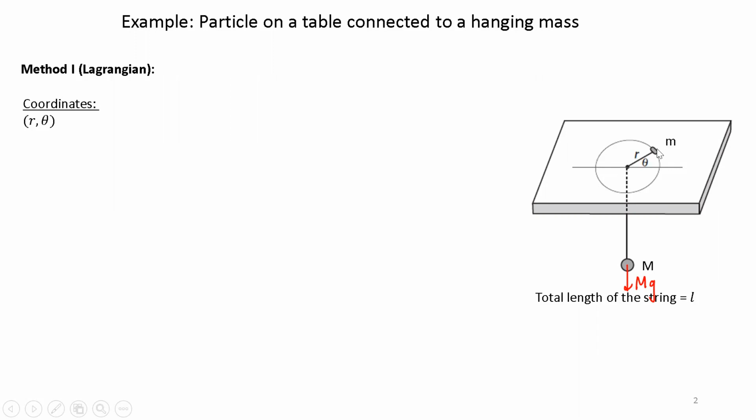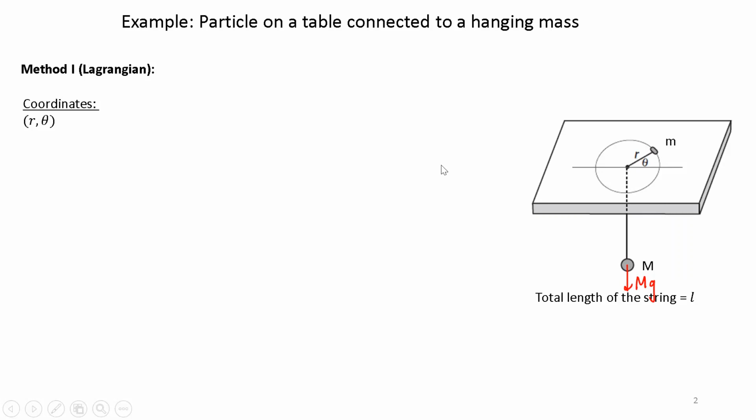But you could also imagine that if this mass is really very heavy, the centripetal force really does not balance the weight of the mass, then this mass will actually fall, and this r can change. It does not necessarily have to stay on the same circle, so r is free to change.